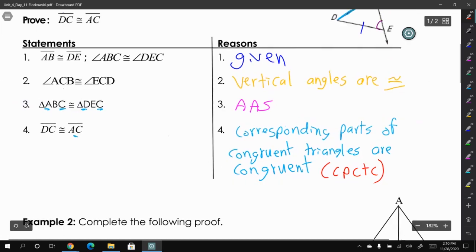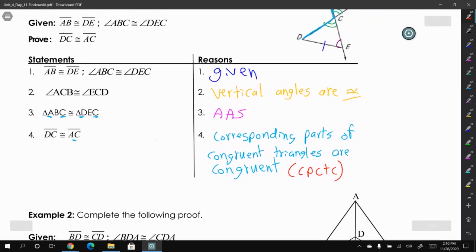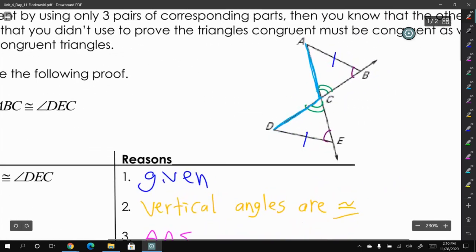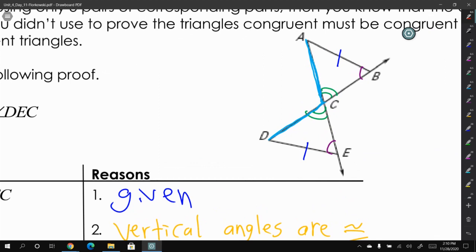All right, so first, again, we proved that the two triangles up here were congruent by angle, angle, side. And then we said, well, if the two triangles are congruent, that means their corresponding parts must be congruent as well. And AC and DC are corresponding parts, so they must be congruent.